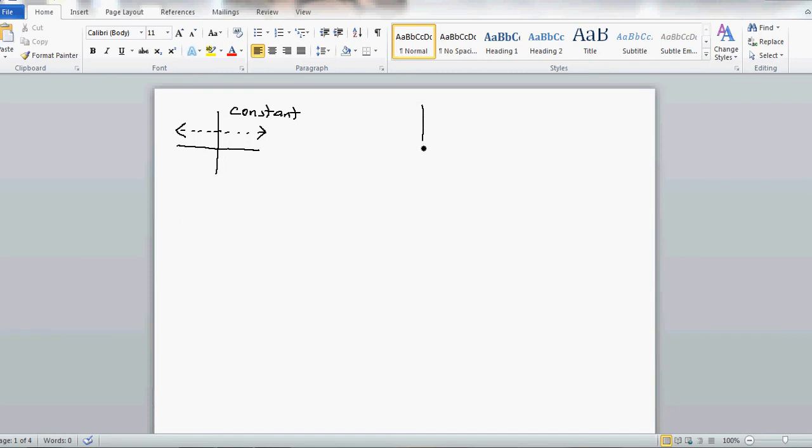Then we get the identity function. The identity function goes like this. And it will be y equals x. Plain and simple.